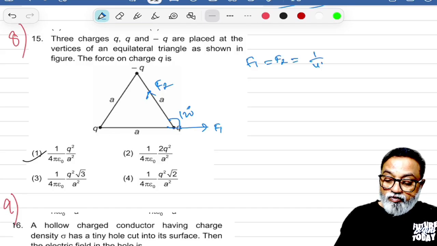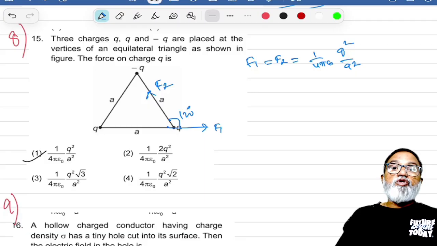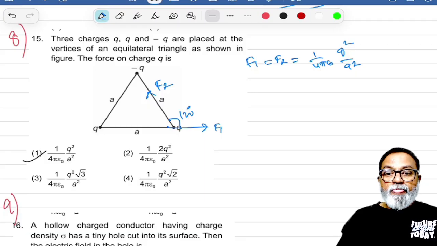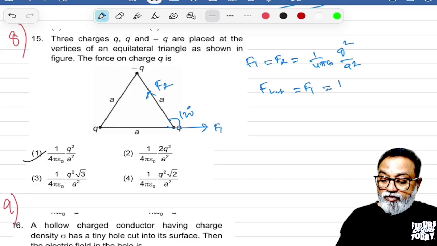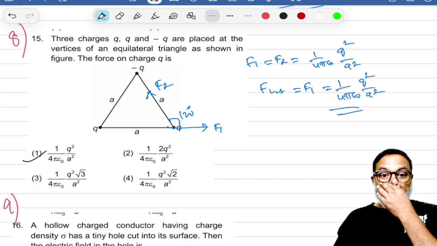That is 1 by 4 pi epsilon naught Q into Q, side is given as A, by A square. When two equal forces act at an angle 120 degrees, net force is also equal to one of them, that is equal to 1 by 4 pi epsilon naught Q square by A square.